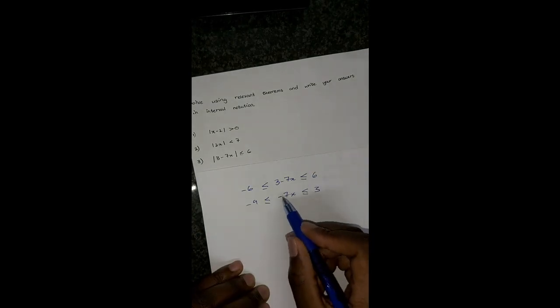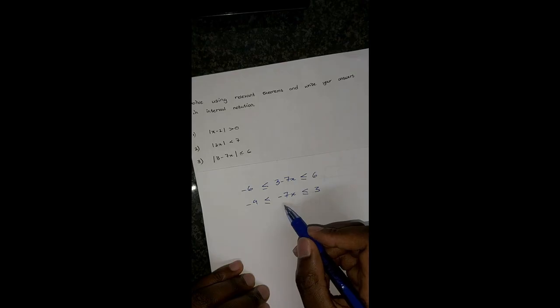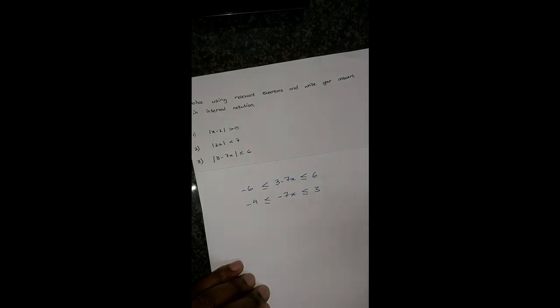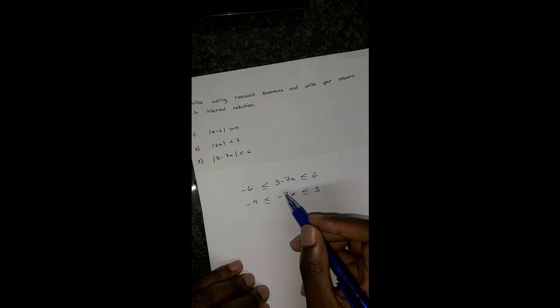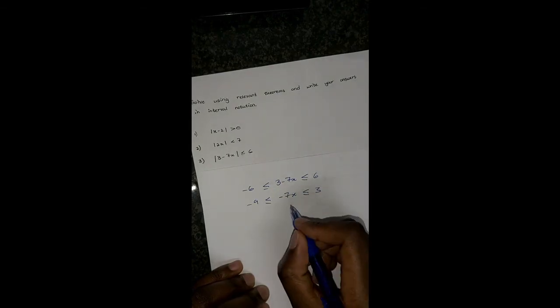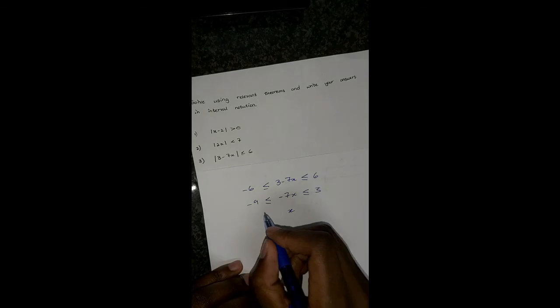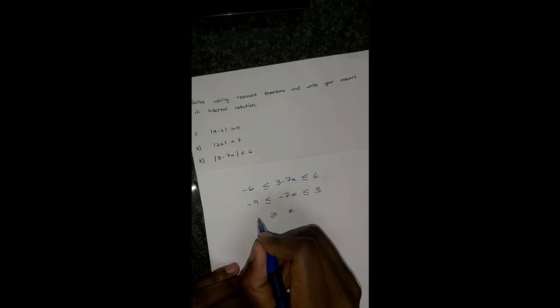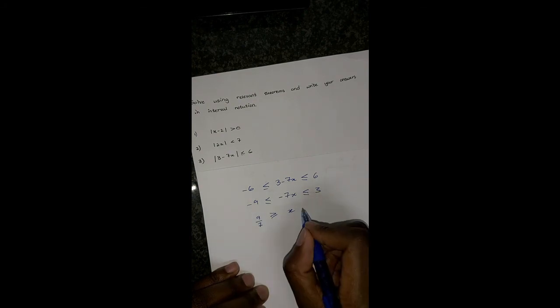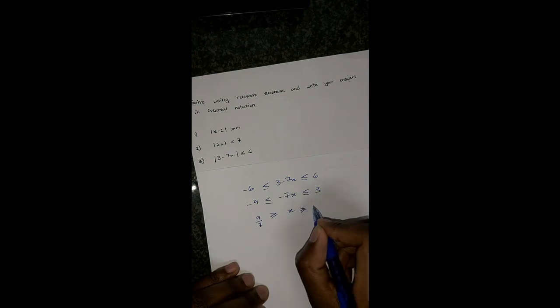And now there is a negative sign over here, so we're going to divide throughout by negative 7. And when we divide by a negative number, our signs are going to change. So we're going to have x, and this one becomes less than or equal to 9 over 7, and over here it's going to be greater than or equal to negative 3 over 7.